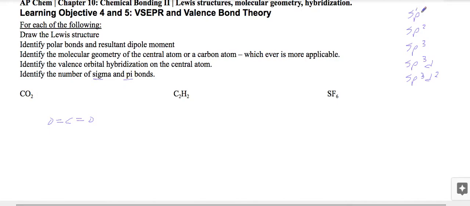So we have S1 and P1. Those ones are assumed, so we don't necessarily write them, but that helps us figure out how many things are attached to the central atom and what kind of valence bond hybridization. 5 and then 6.